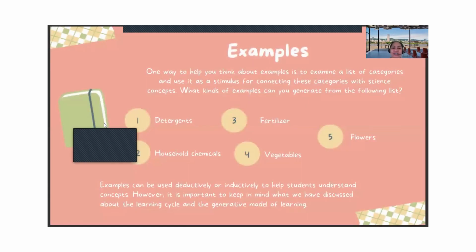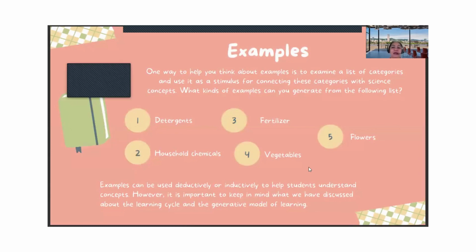Okay, so next, one way to help you think about examples is to examine a list of categories and use it as a stimulus for connecting these categories with science concepts. So what kinds of examples can you generate from the following list? For example, detergent: when you ask your students, can you provide any examples of detergent?